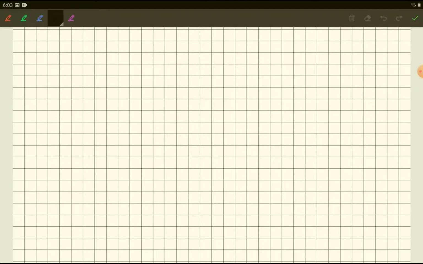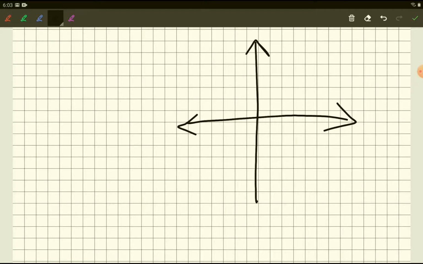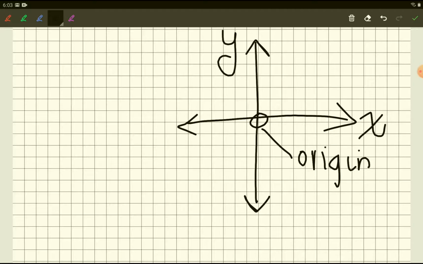For now, let's make sure that you know all your basics. This is a coordinate plane. This is your x-axis, that's your y-axis, and that's your origin. You should know that. This is your first quadrant.